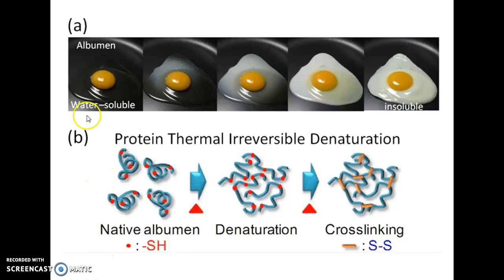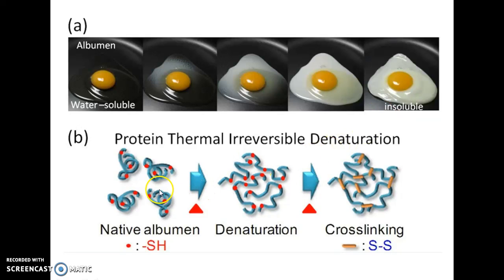The water soluble proteins get insolubilized, so the egg solidifies and becomes acceptable to the consumer. Unless it is solid, you cannot consume it.